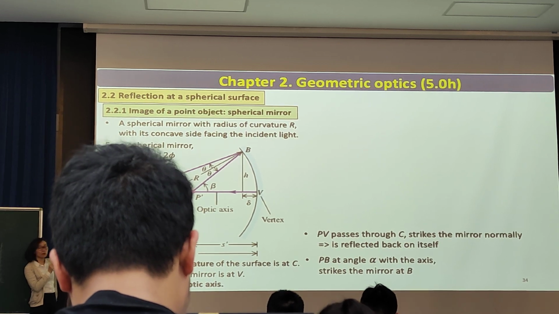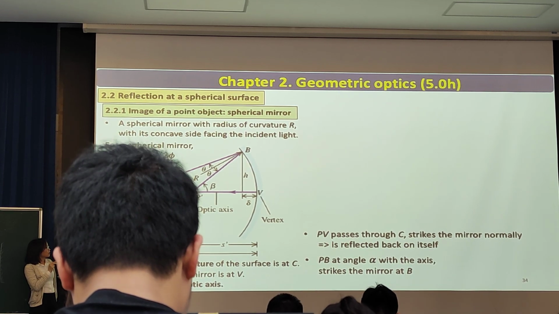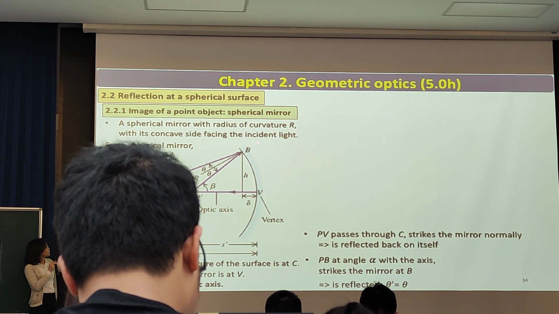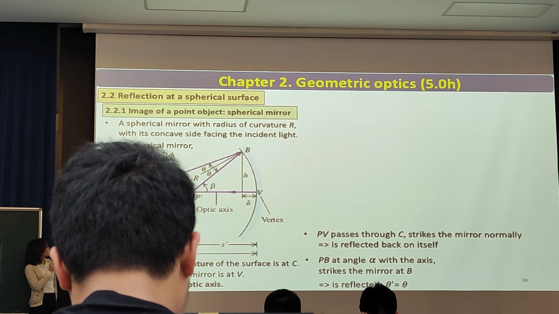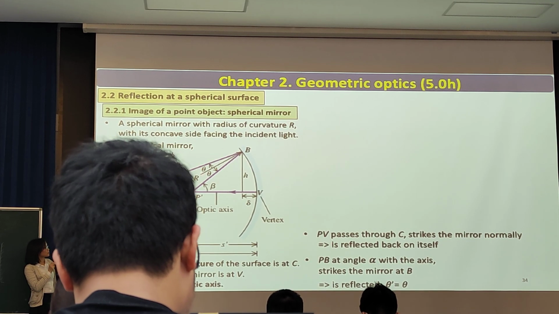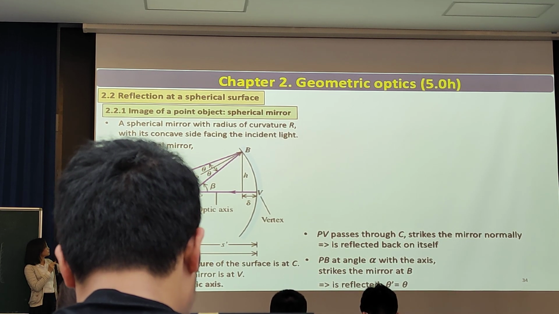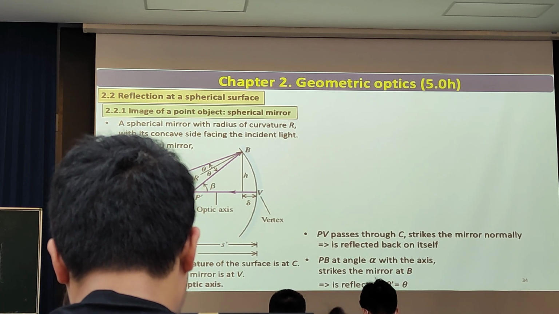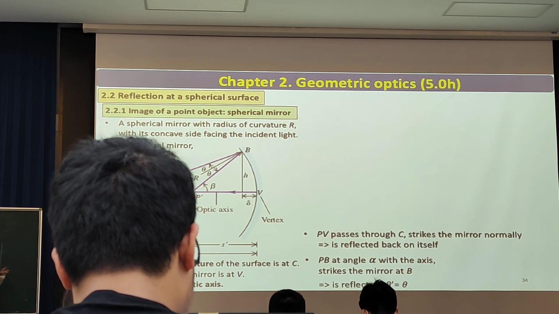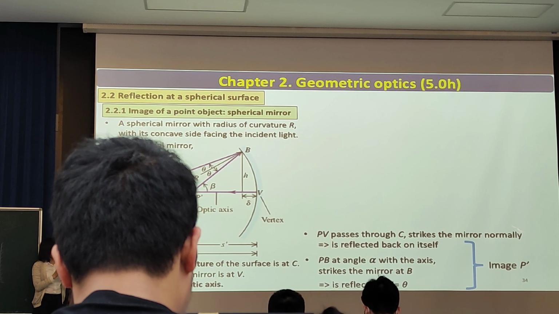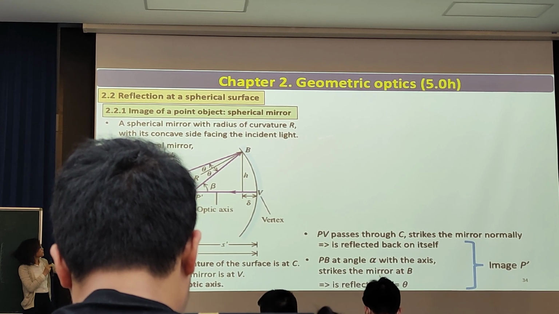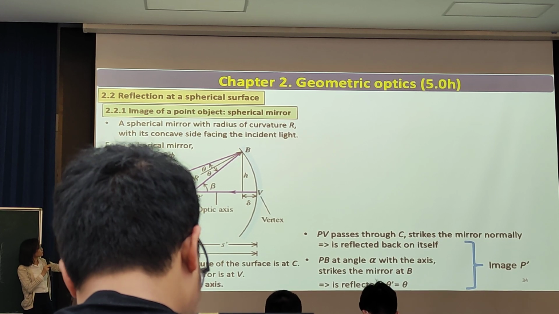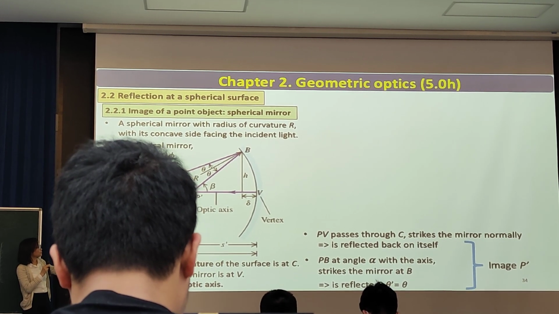So you see here this angle alpha with the axis strike the mirror at B is reflected at the angle theta prime equal to theta. So you have here this reflection, like what a student just drew here. Perfect. So you can find the image P prime. P prime is the intersection point between this VP and this outgoing ray. Okay, so you have P prime here.